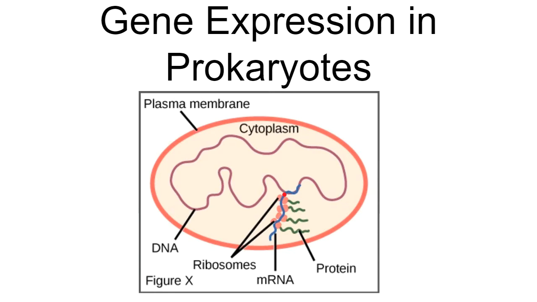But then it's not like eukaryotes where you modify that messenger RNA and take out the introns and put caps and tails on and process the messenger RNA and send it out of the nucleus to go to a ribosome. And here the ribosomes are right next to the DNA. That messenger RNA feeds directly into the ribosomes, and you're making the proteins. You're doing translation as transcription is happening, so they're happening simultaneously.